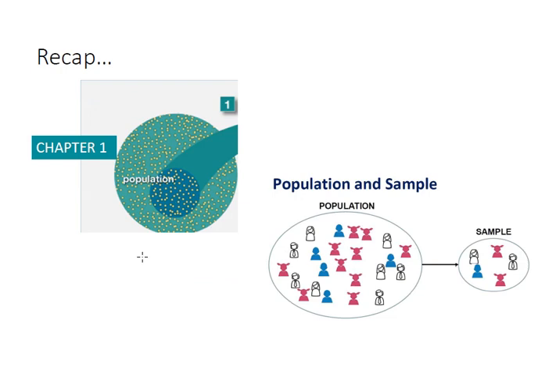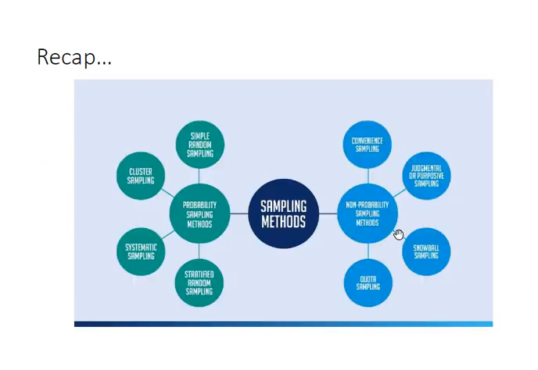Okay, let's quickly recap what you have done in chapter 1. You looked at the concept of population, the concept of sample, and then different sampling techniques, and you learned how to do each of these.